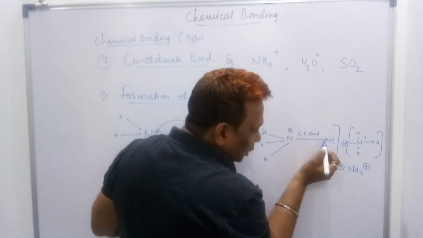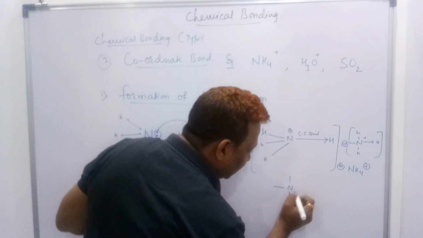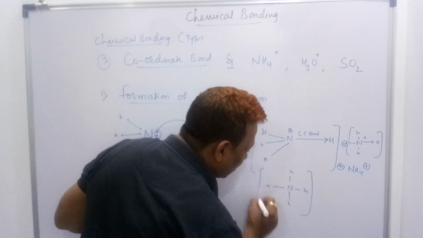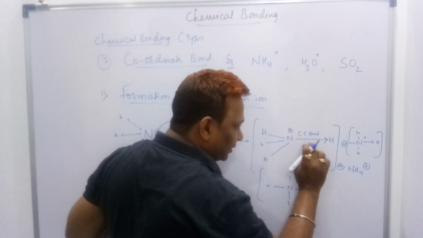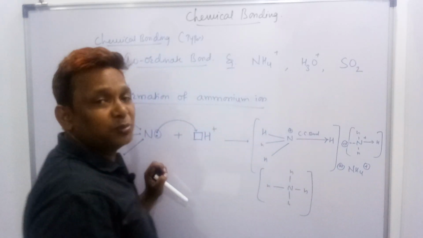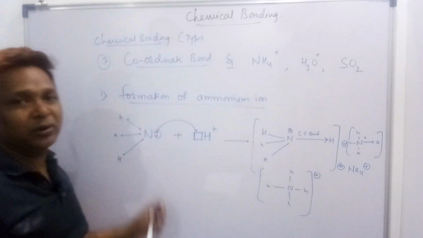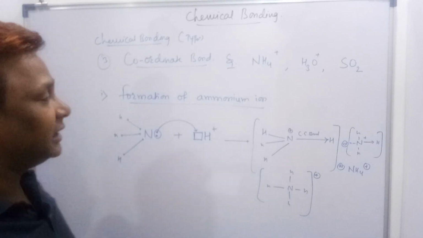During the formation it looks this way, but after the formation we are unable to differentiate which bond is coordinate and which bond is covalent. During the formation the bond is directional, but after the formation we are unable to isolate which bond is the coordinate bond, and this will have a structure called the ammonium ion.